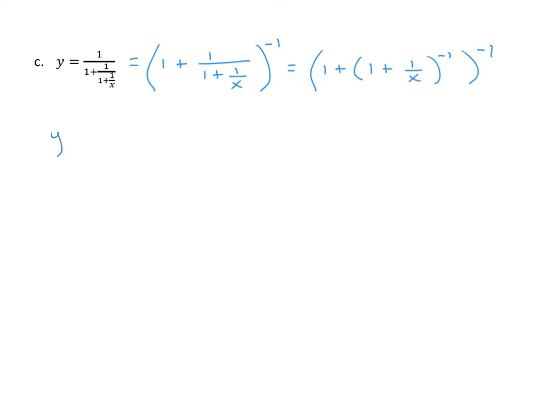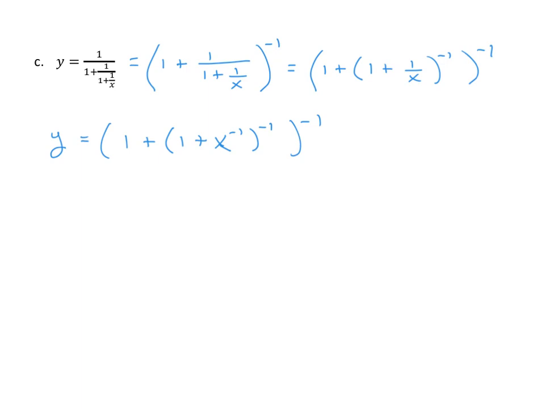So my function y is really equal to 1 plus x to the negative 1, that thing to the negative 1, and then this whole thing to the negative 1. Not the derivative, but this is another way to write this function. It's just written in a way that I think is easier to apply our derivative rules.